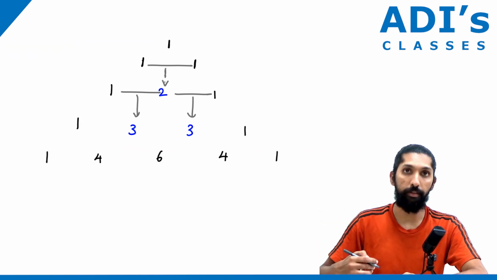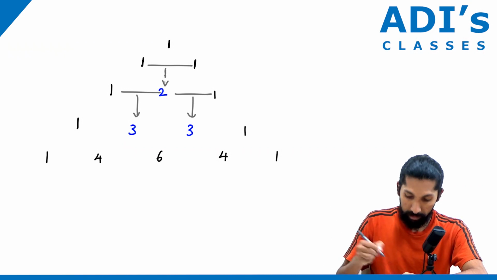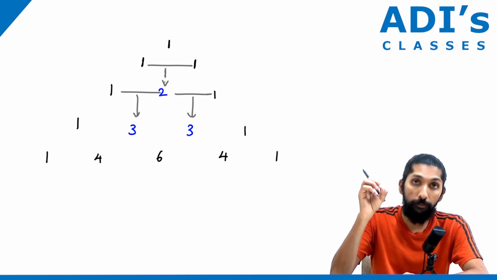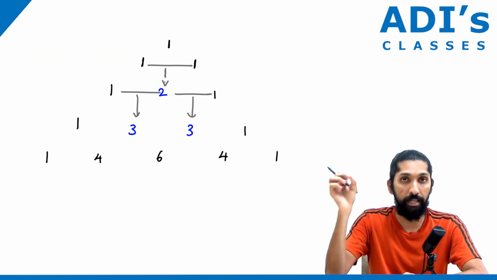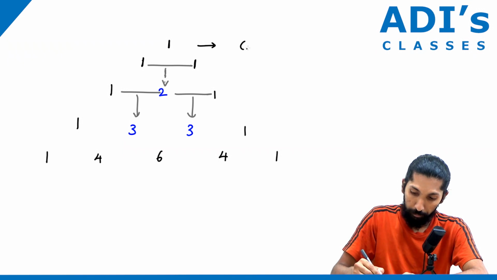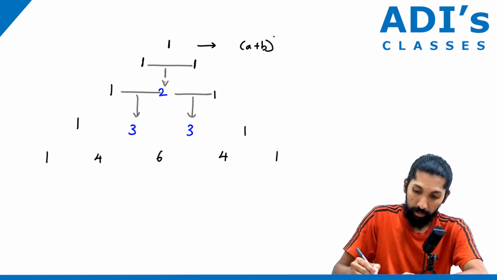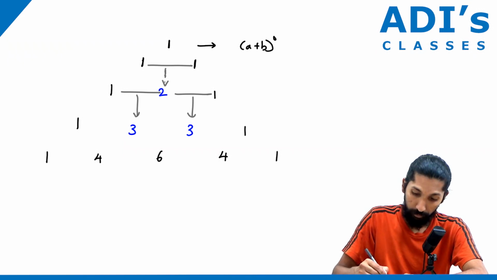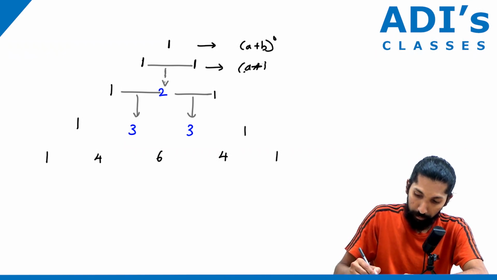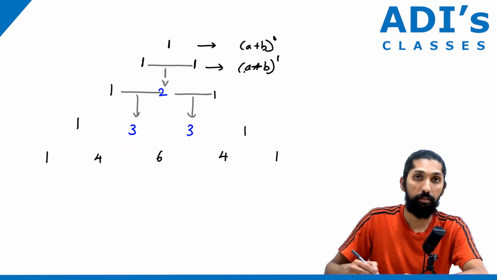It keeps on going. So that means these numbers, what you're seeing here, they form the coefficients of that particular expansion, isn't it? The first one is for (a + b) whole power 0. The next one is for (a + b) whole power 1.